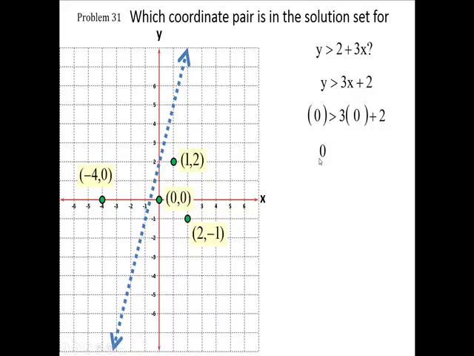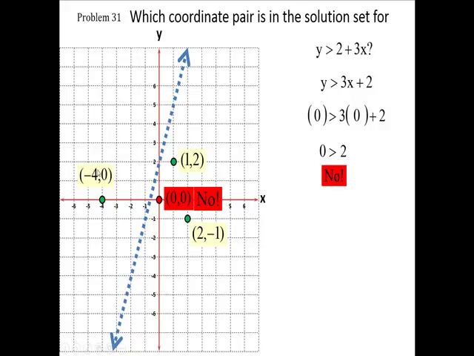Well, this says 0 is larger than 3 times 0 plus 2, which is 2. So this says 0 is greater than 2. And that's not true, is it? So our point 0, 0 does not work. We can't use this point.